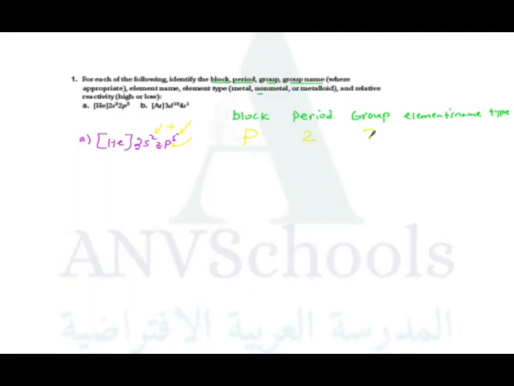The element's name: if you see the periodic table, group 7 with atomic number 9 is fluorine. Fluorine is a non-metal.